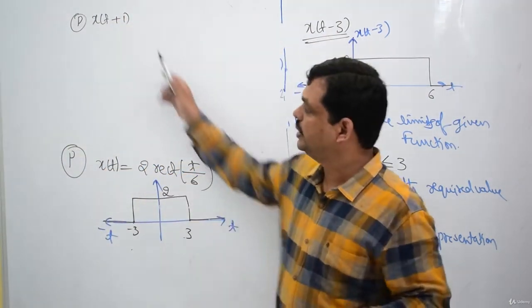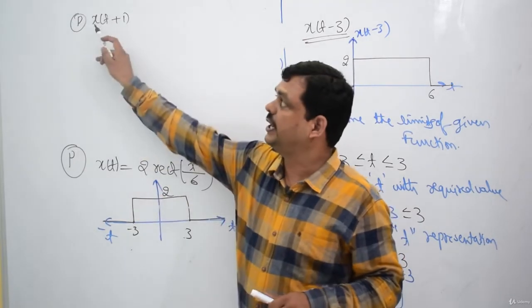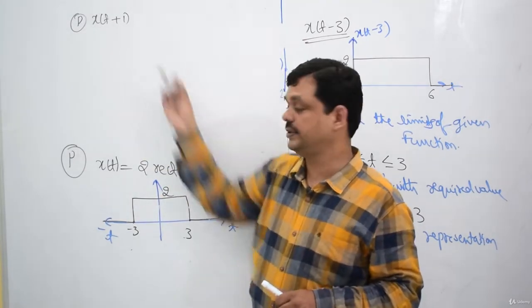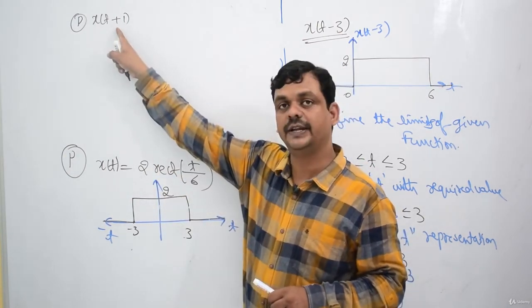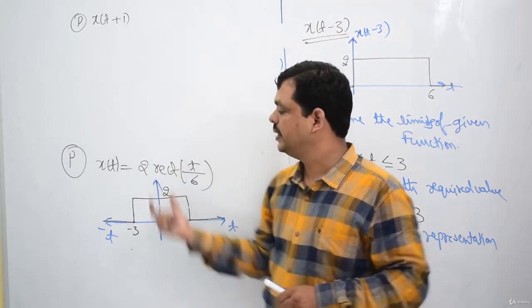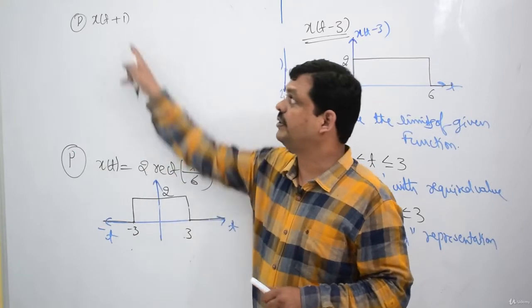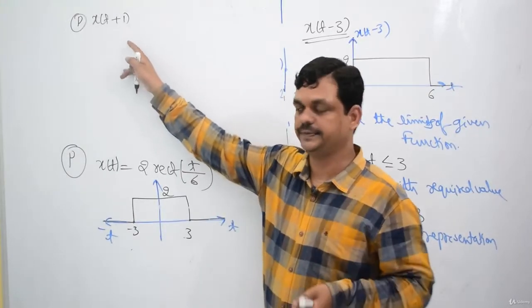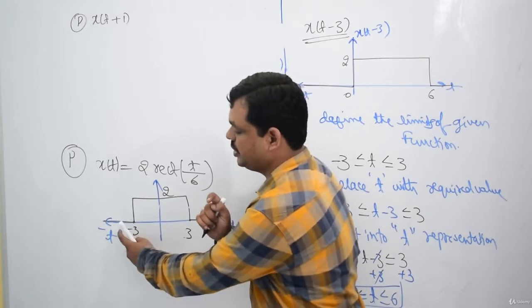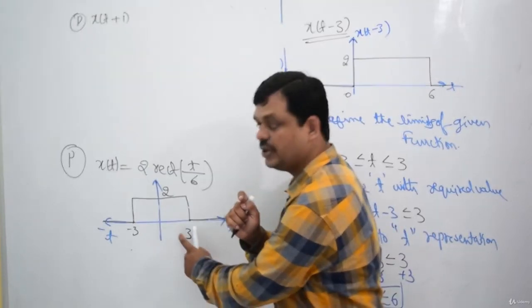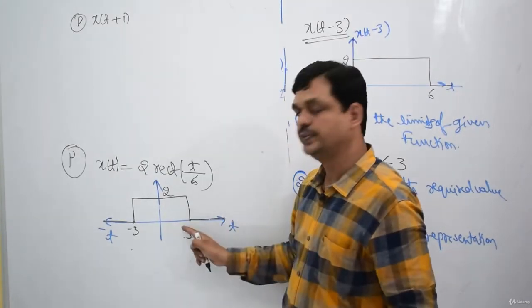Now one more, from this x of t, I require x of t plus 1. Same signal shifted left side now, because the plus symbol is there, t plus 1. Left side shifting number of times, only one time. So this complete function is shifted left side. Now this value is shifted to -4 and this value shifted to 2.